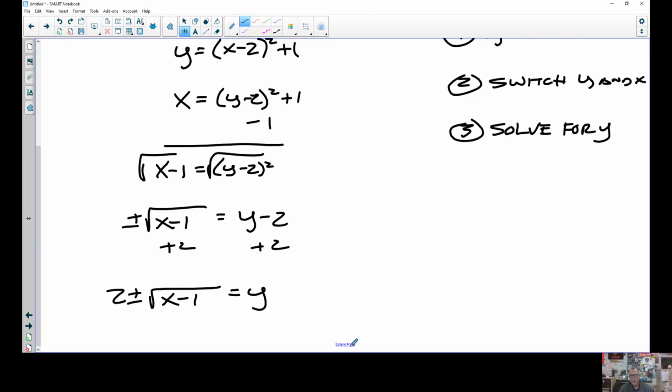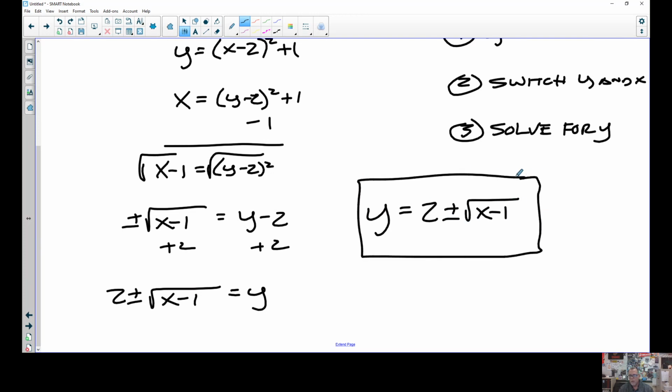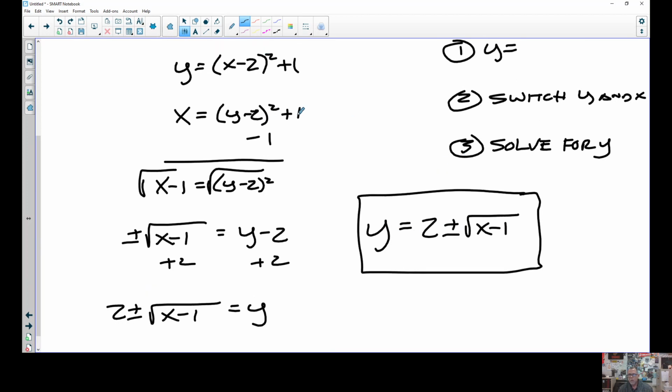Notice I called it an inverse relation. F inverse would be y equals 2 plus or minus the square root of x minus 1. So that's the process. Write it as y equals, switch y and x, solve for y.